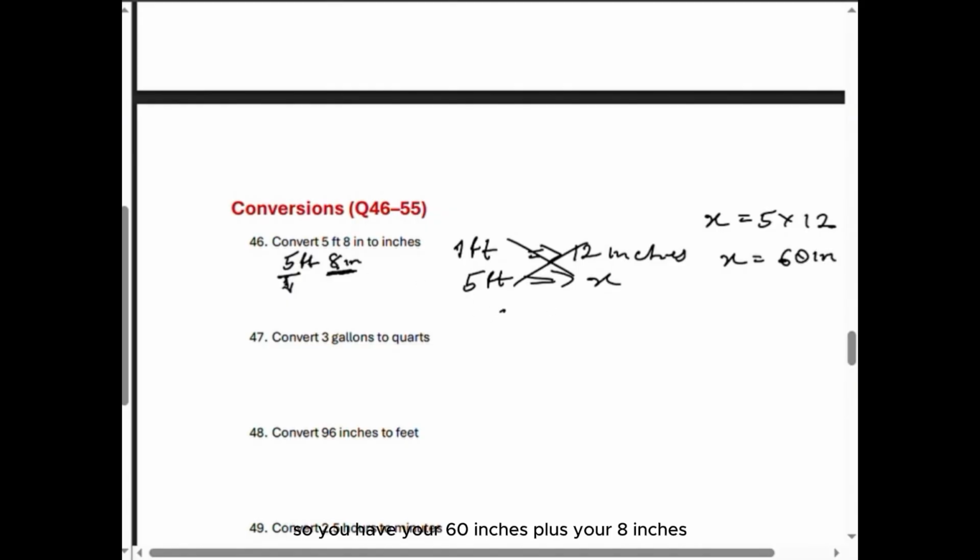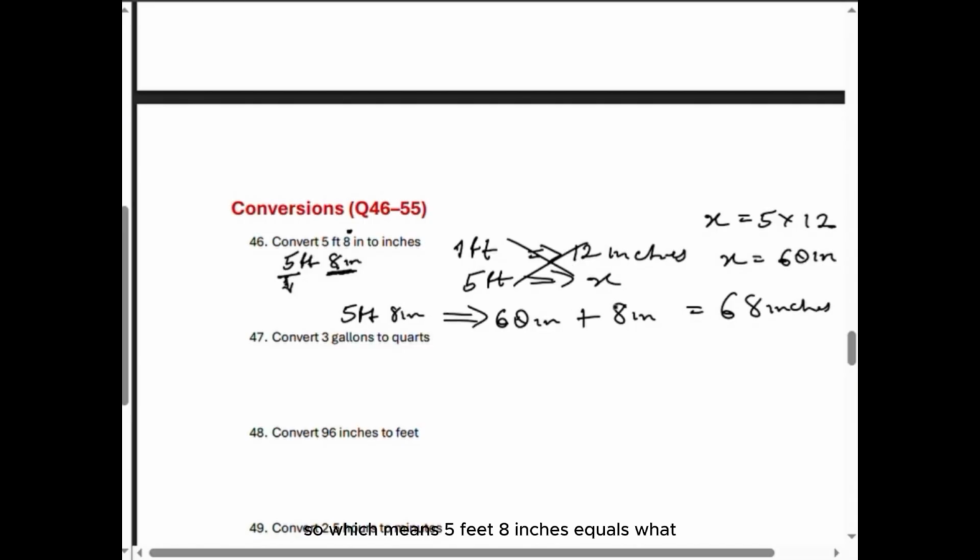So you have your 60 inches plus your 8 inches, then you have 68 inches. So 5 feet 8 inches equals 68 inches. Then 47 says convert 3 gallons to quarts.